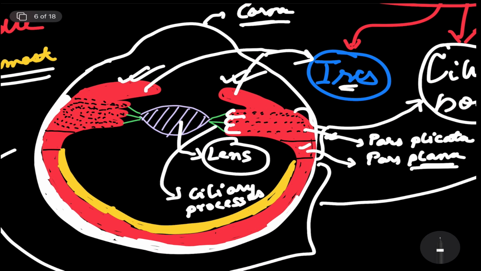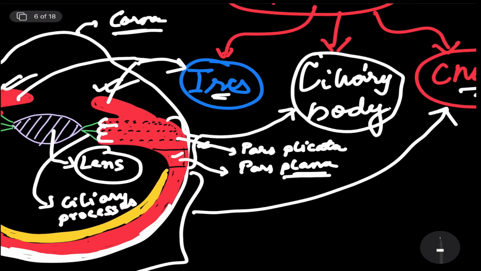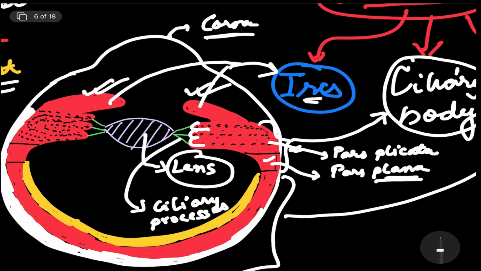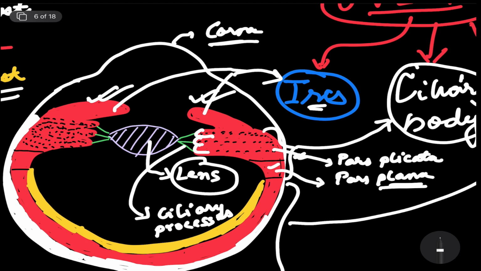It is only present beyond the pars plana, only in front of the choroid. Yes, very good. See, retina is only present in front of the choroid, not in front of pars plana or pars plicata or any of the other structures. So we can say that the retina is an incomplete layer.